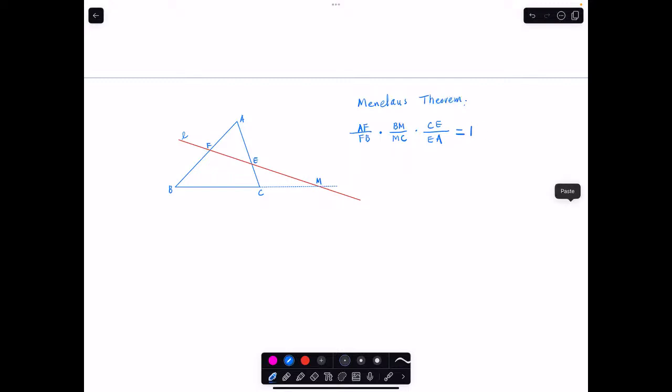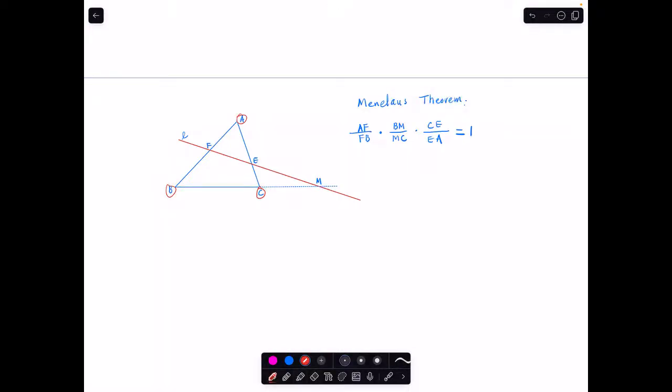So let's look at how to memorize this pattern here, right? There's a trick. First of all, you figure out the vertices of this triangle, which are A, B, and C. And then you figure out this straight line here, L, and how it cuts the triangle.